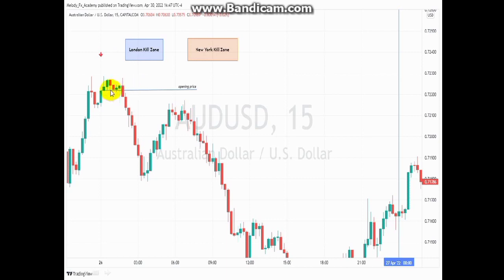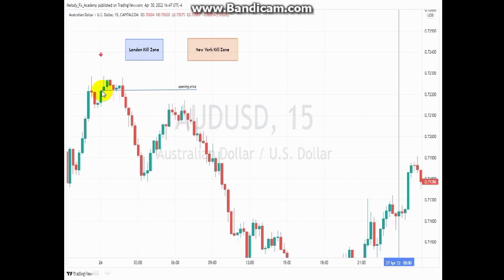Once you have your bias in mind, the next phase is the application of the power of 3. For bearish days, it is accumulation, manipulation, and distribution. For bullish days, your high probability setup will be to look for your buy entries below the opening price, while for your bearish days, your high probability setup should be to look for your sell entries above the opening price.